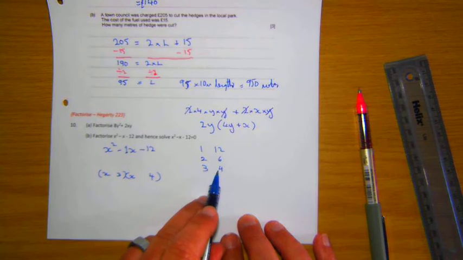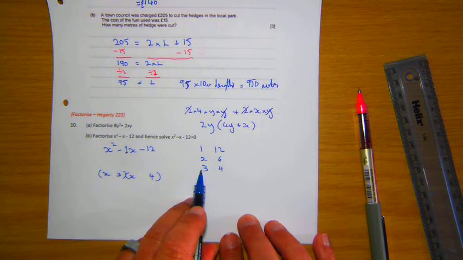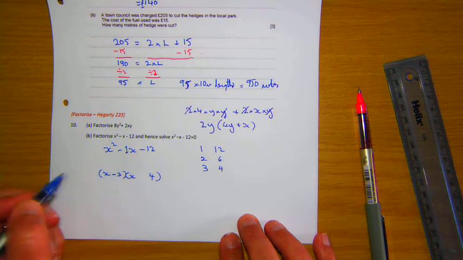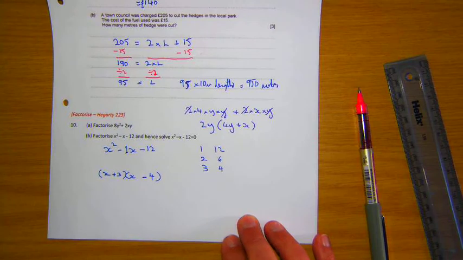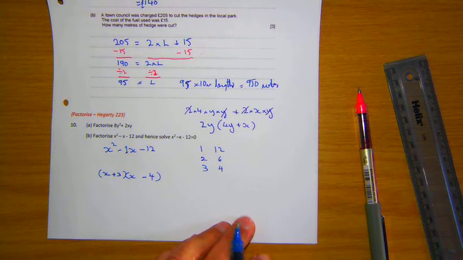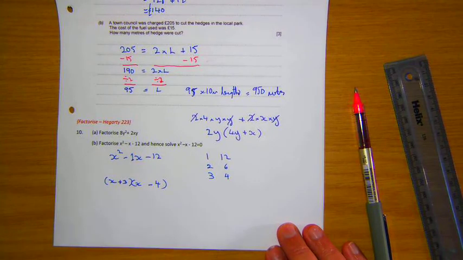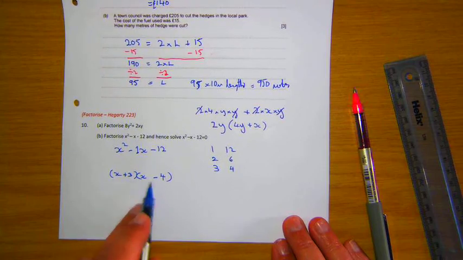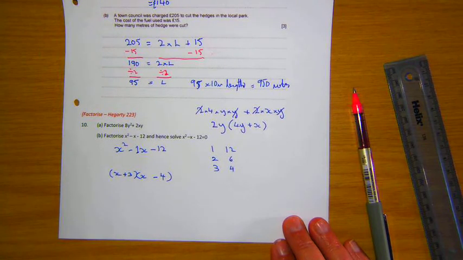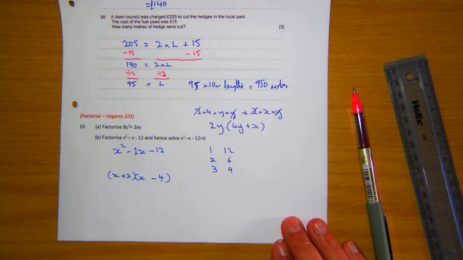If 4 was positive and 3 was negative, I'd end up with +1. So the only way I'll end up with -1 is if I've got +3 -4. Because if on my number line I'm at +3, I take 4 off, I end up at -1. If you'd written x minus 4, x plus 3, that would be right as well. But the signs have to be connected correctly to those. So that's the factorise part.